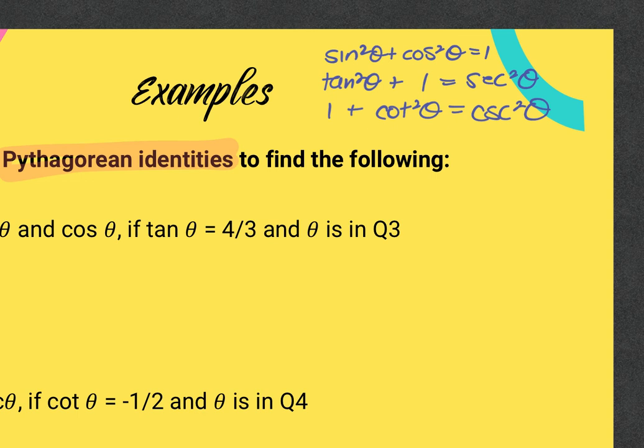Second one. So tangent squared plus 1 equals secant squared. I know tangent is 4/3. So that squared plus 1 equals secant squared.